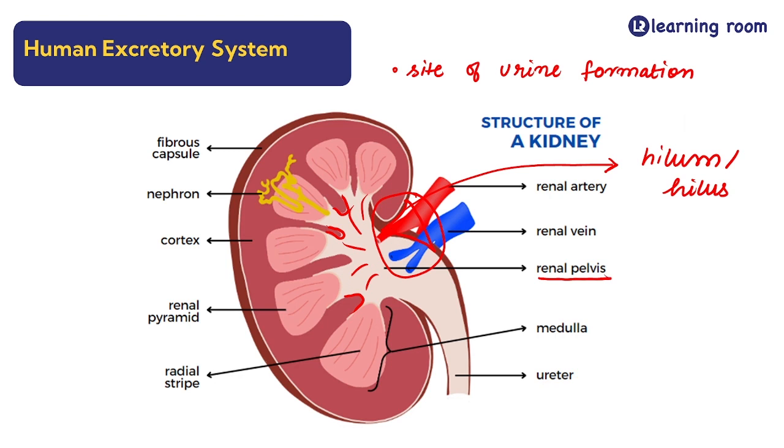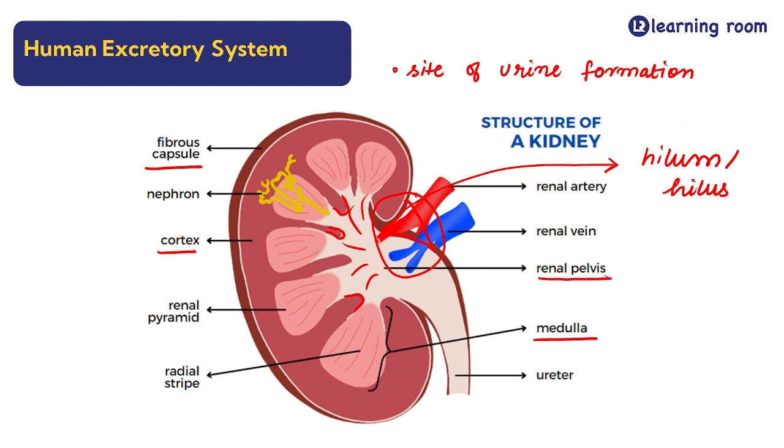We can mainly divide the human kidney into two regions, the cortex and the medulla. The entire kidney is covered by a thick layer called the renal capsule or the fibrous capsule. And inside of the capsule, we can divide the kidney into two major regions, the outer cortex and the inner medulla.